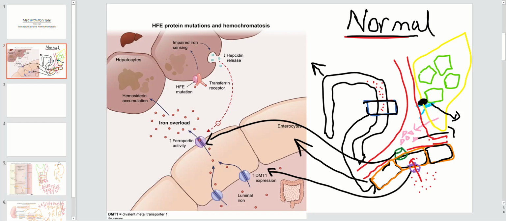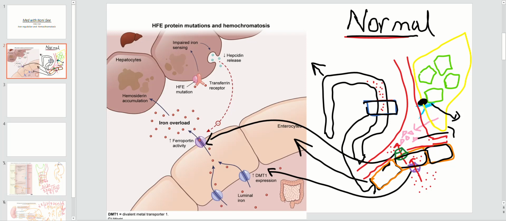From this, iron comes into your enterocyte, right? Then the enterocyte secretes iron into the blood through this channel, which is called ferroportin.